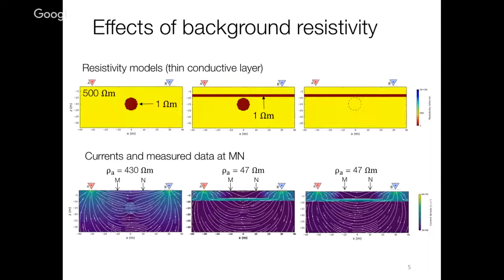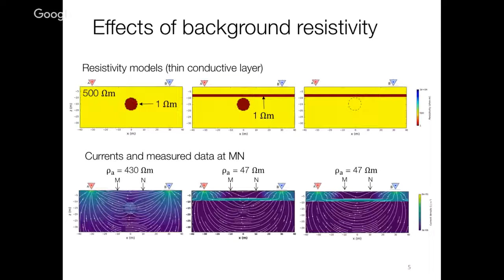So the background host material plays a really, really big role. And if I've got a really resistive layer or a really conductive layer, the DC resistivity may not work. So that's something to be kept in mind.